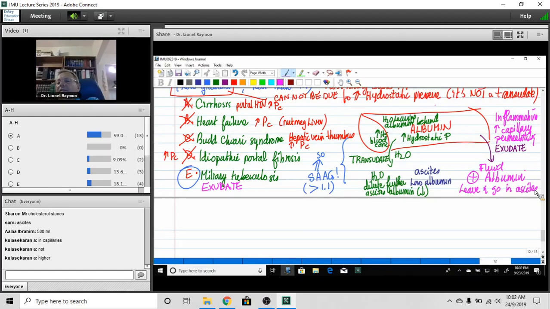So of course, in that setting, it decreases the gradient. You understand how inflammation decreases the gradient? Because now you have less albumin in the vessel and more albumin in ascites. So it's one aspect of the lab, which is to look at SAG.